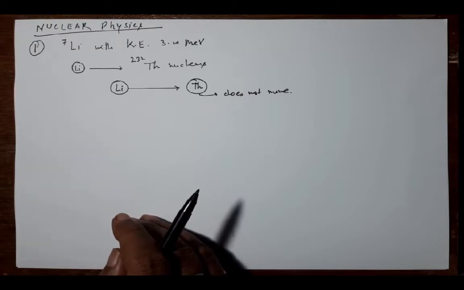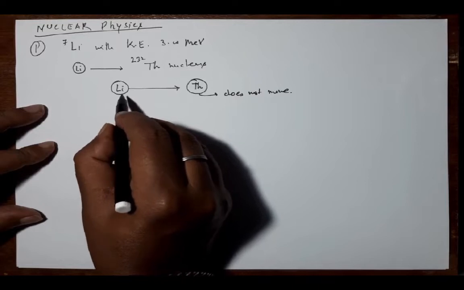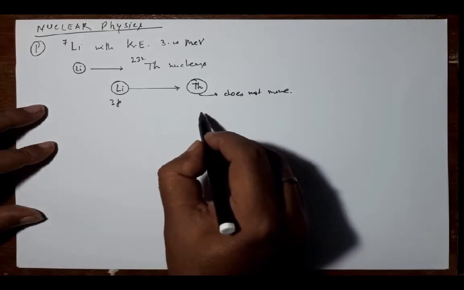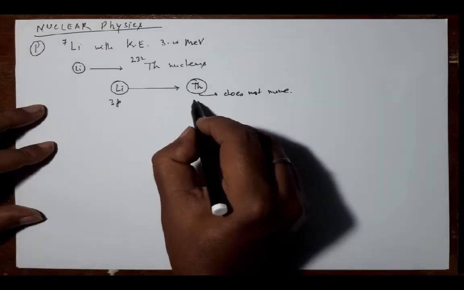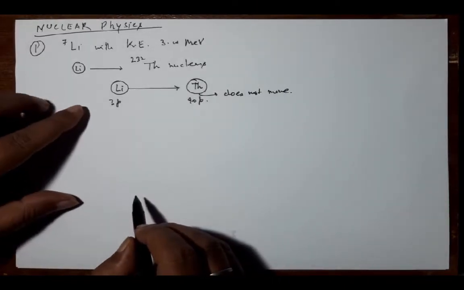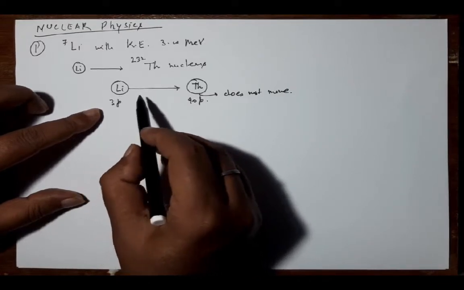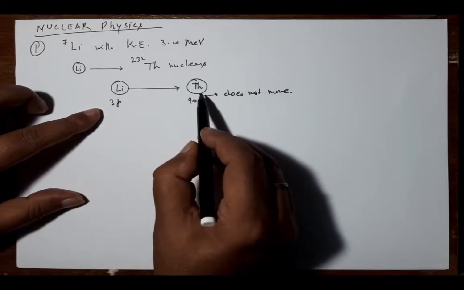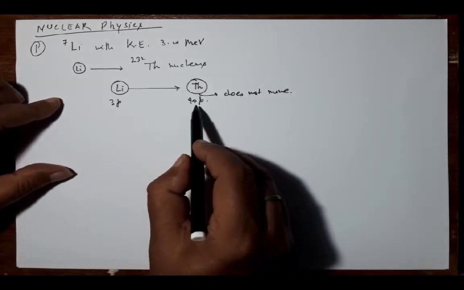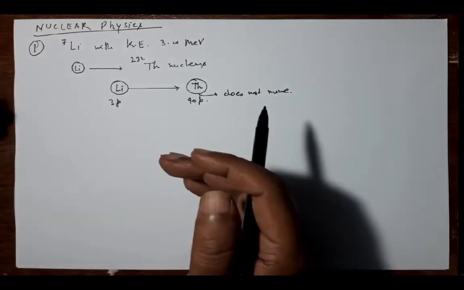As you know, this lithium nucleus will have 3 protons and thorium nucleus will have 90 protons. And when the lithium nucleus is coming towards this thorium nucleus, these protons will repel and there will be a repulsion force.